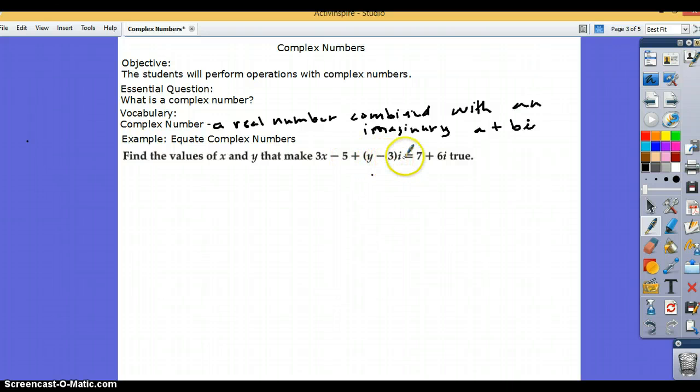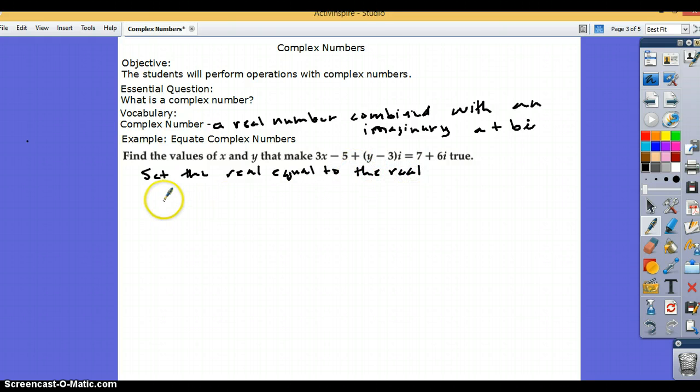y minus 3 inside parentheses times i equal to 7 plus 6i true. All right, so what we're going to do is we're going to set the real equal to the real.